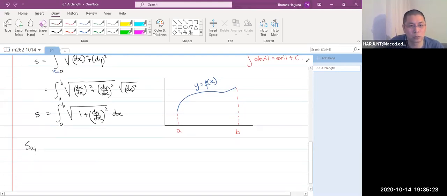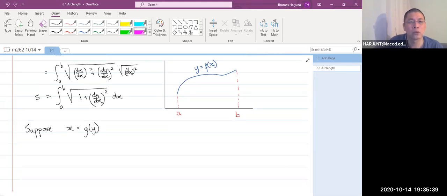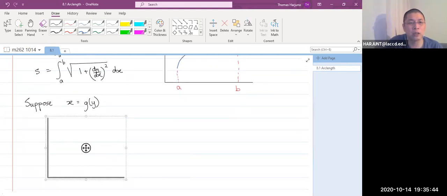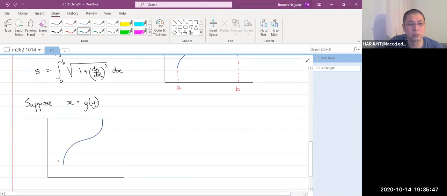Suppose we have x as a function of y instead. So our curve may look like this, where this is C and this is D. The y is a function of x. Oh, I'm sorry, x is a function of y.